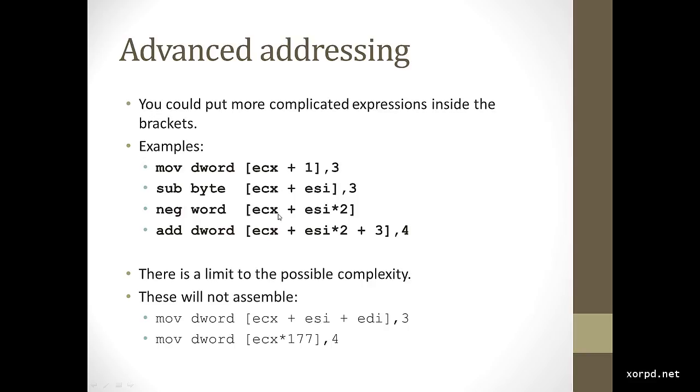Basically, maximum of 2 registers, you can multiply one of them, and you can add some small number. And the multiplication should be by some small number. These are basically the rules. There are always some strange exceptions. I think maybe multiplication by 7 is not going to work. I'm not sure about it. This is up to you. You should check it and see what works.